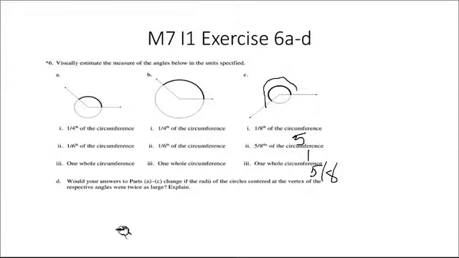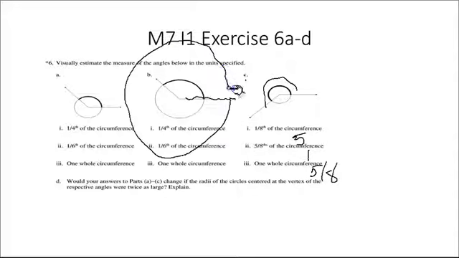Okay, and so in part D, we're asked to consider these 3 examples where if we were to change the radii, change these radius lengths to twice their length, well, maybe we'll use B, it looks like about twice the length, and ask, is this going to change our answers from parts A, B, and C?